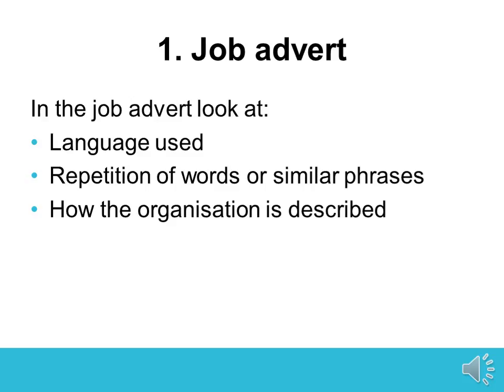If you're going to take this approach, you do need to make sure that you do close research on the organisation you're applying for, because organisational values between one organisation and another can be quite different.